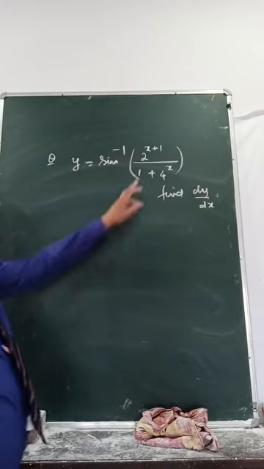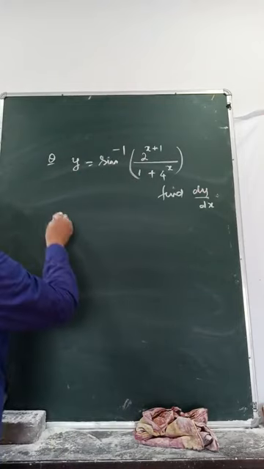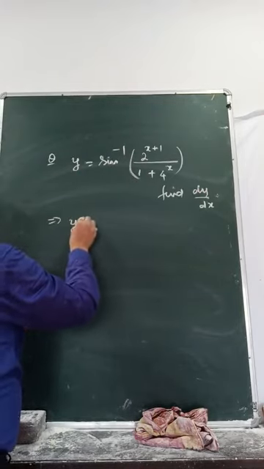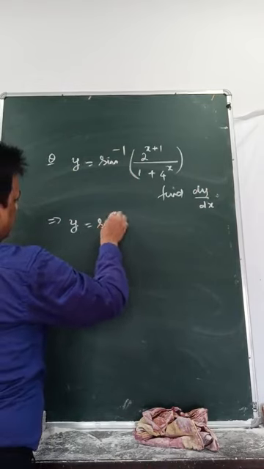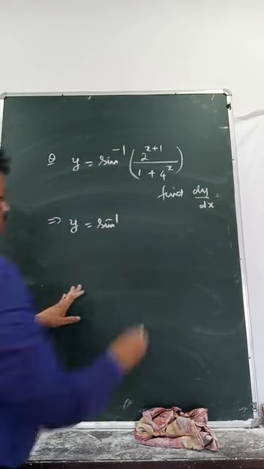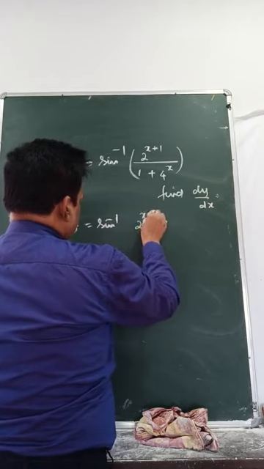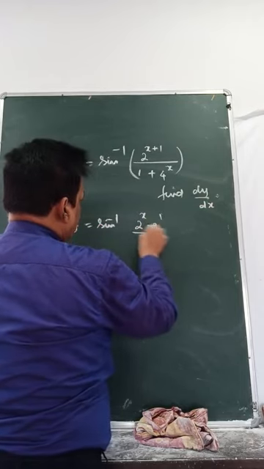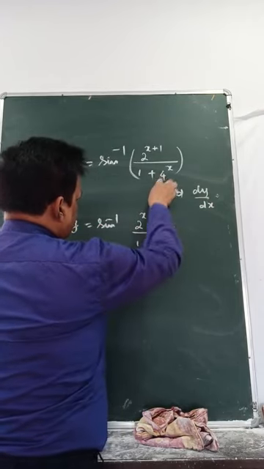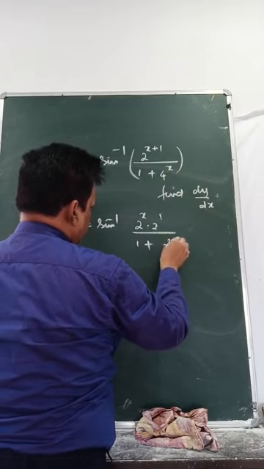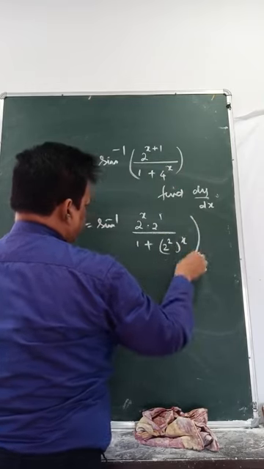So we'll try to simplify this. So I can write y is sin inverse 2 to the power x into 2 to the power 1 over 1 plus 4 to the power x, which is 2 square power x.